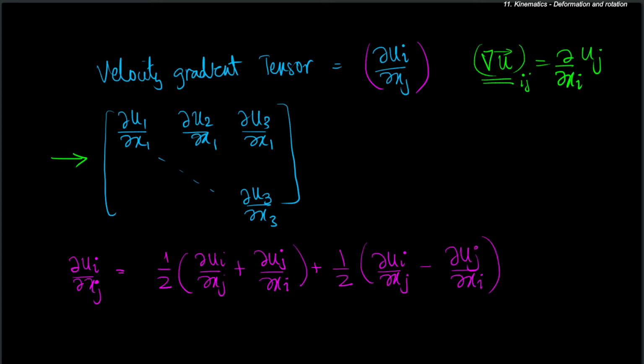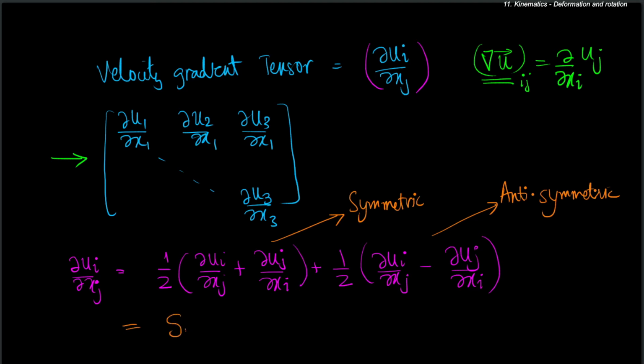We have just split it into a symmetric and an antisymmetric part, and this particular part is called as Sij, and this is written as half Rij. And the convention of not absorbing half into this Rij definition is completely a matter of convention. It has nothing to do with the physics.